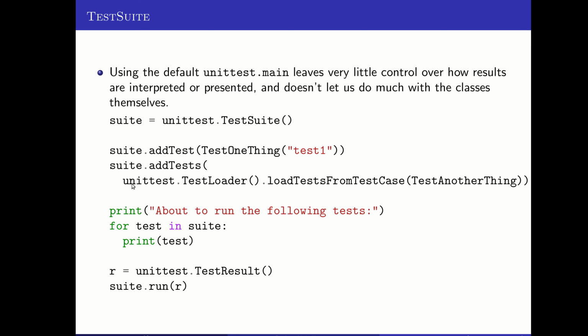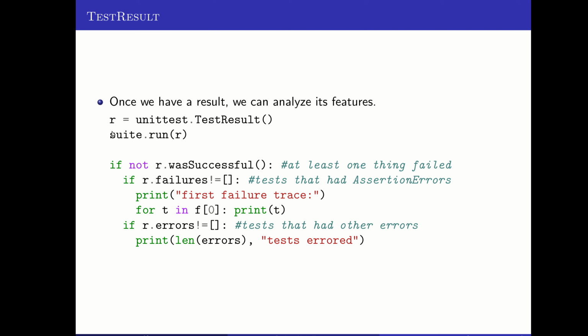And we can then run each test in the test suite and print out some information before or after each test or different things like that. Then we get an actual object that is a test result. When we are done, that will have all of our results in it. So we run the suite using that test result, and by the end, we'll have our actual results from running it.